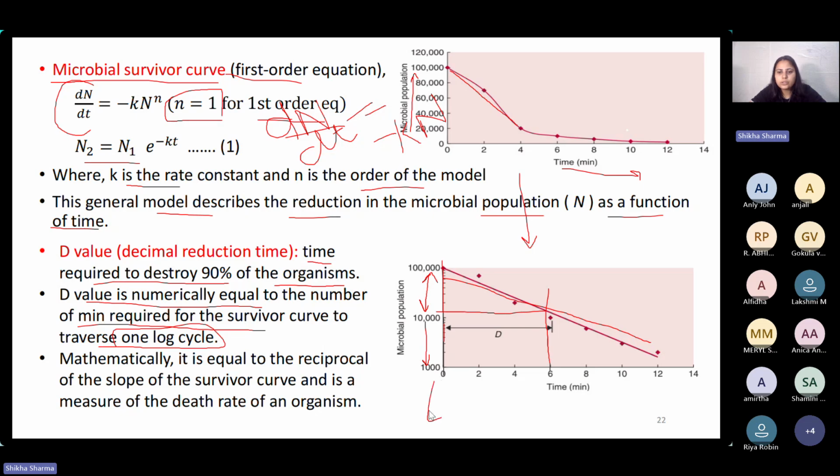That is t equals 0, and here maybe t equals t1 or 6. This is how one log cycle happens. So we can see this time, which is to get this population, is the D value. Mathematically it is equal to the reciprocal of the slope of the survival curve and is a measure of the death rate of an organism.